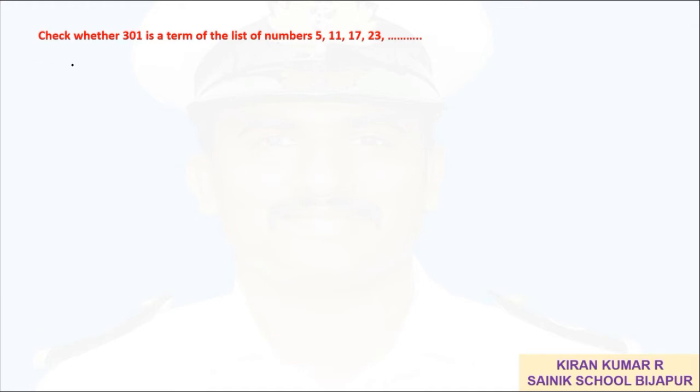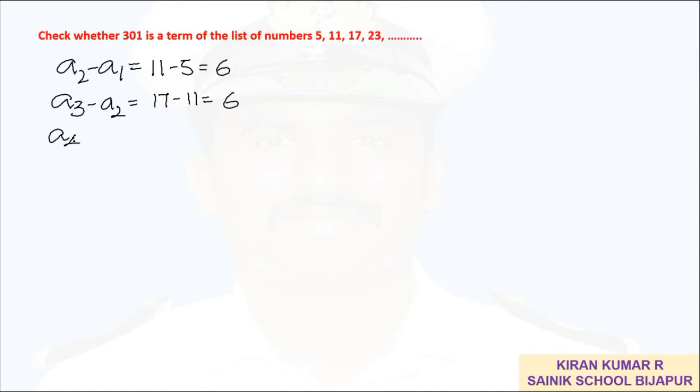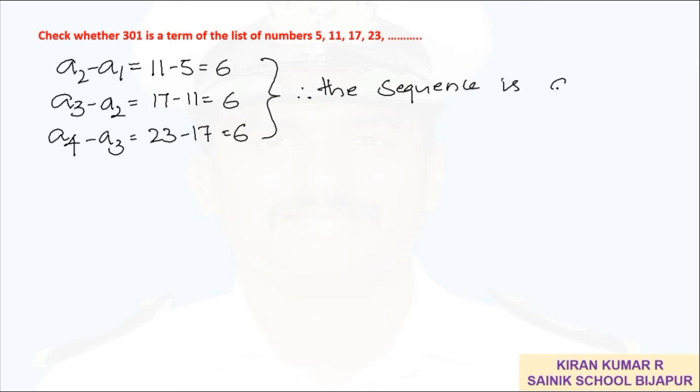For that, let me find a2 minus a1. a2 minus a1 is 11 minus 5, nothing but 6. a3 minus a2, which will be 17 minus 11, nothing but 6. a4 minus a3, 23 minus 17, nothing but 6. So each time we are getting the same common difference. Therefore, the sequence is an arithmetic progression, in short form, it is an AP.